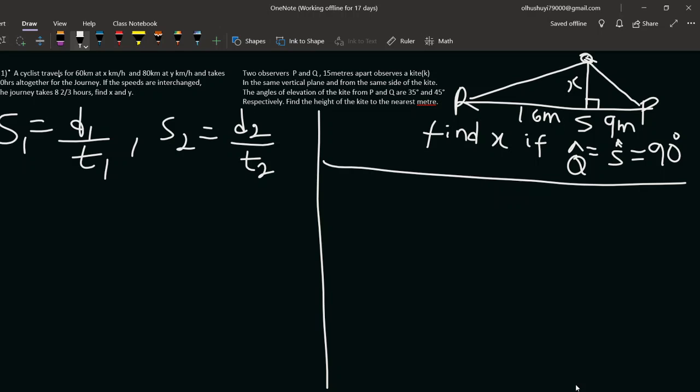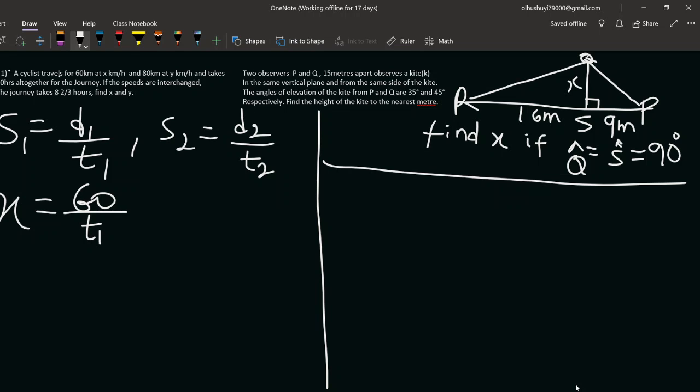So how do I do this? The first one is given a distance of 60 kilometers at a particular speed in kilometers per hour. So the speed is x. So s1 is x, and the distance is 60 over t1. The time is not given.